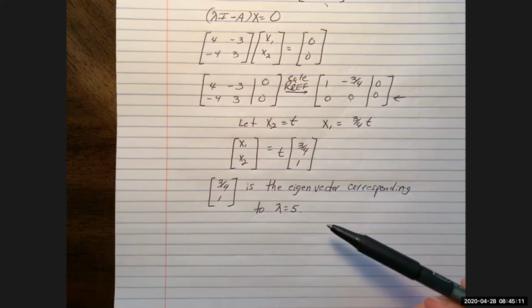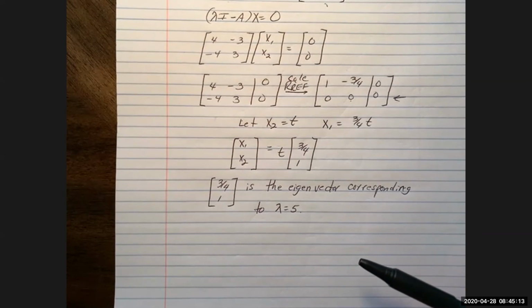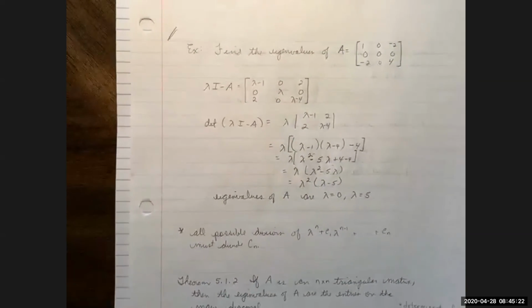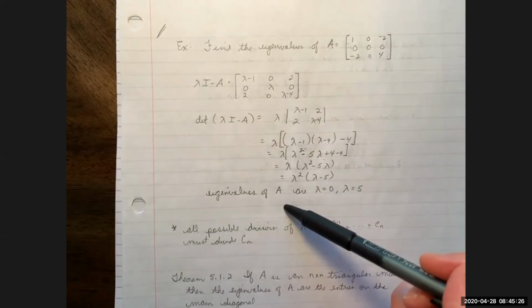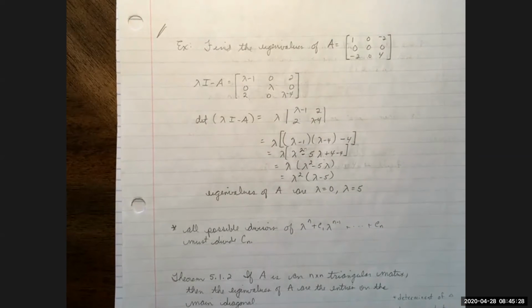Okay. There is another example of finding eigenvalues. I can show you what it looks like. I wrote out this example for finding eigenvalues. It's just a little more complicated than the one that we did.